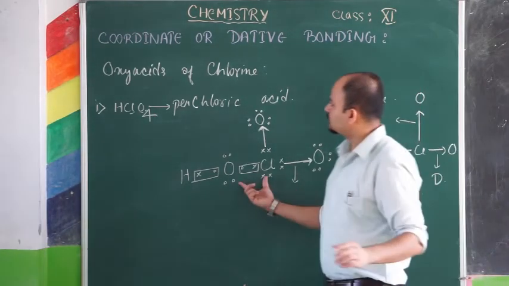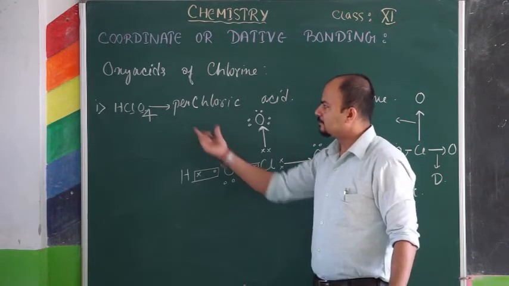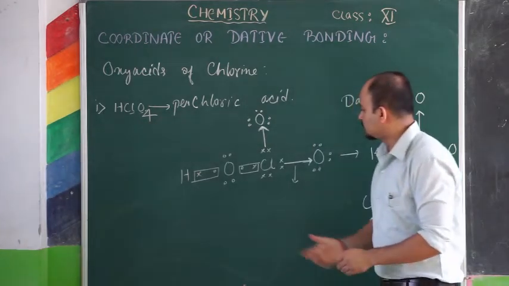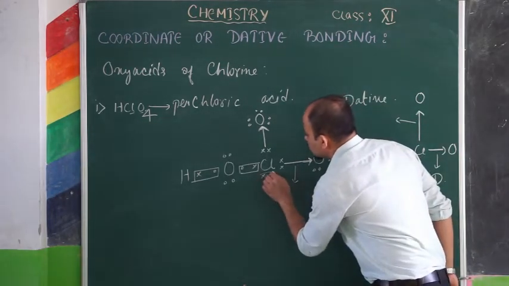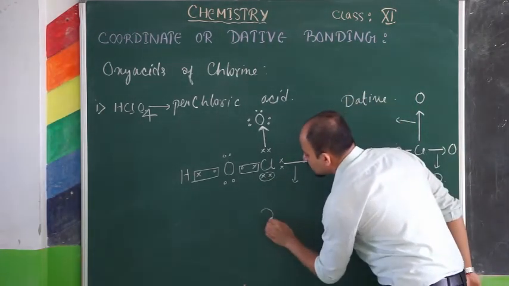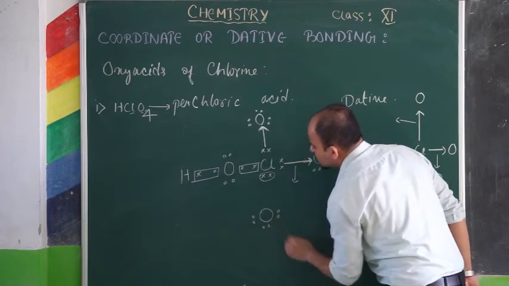Now, this is the structure of chloric acid. In case of perchloric acid, you have one more oxygen, and you can see that this lone pair over chlorine is available. This lone pair over chlorine will be used in bond formation with this oxygen atom.